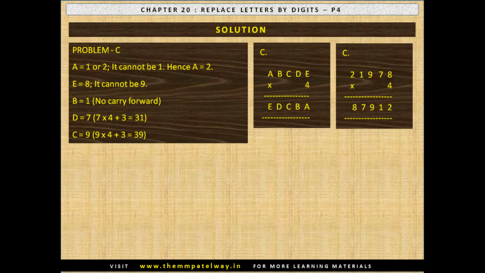Finally, we find out value of C and C equals to 9 as 9 into 4 plus 3 equals to 39. This satisfied conditions at both the places for C. This is how we get A equals to 2, E equals to 8, B equals to 1, D equals to 7 and C equals to 9.